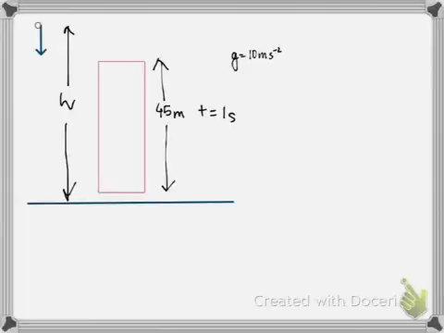We take two levels here: first, the top of the building, and next, the ground level. Now the remaining distance that we have here is h minus 45, right?